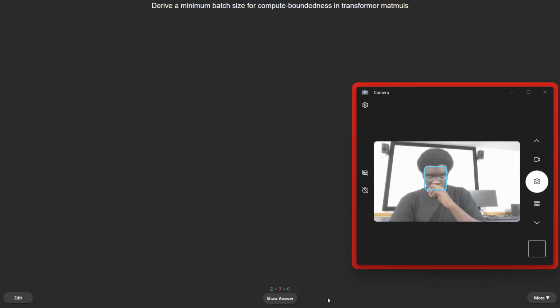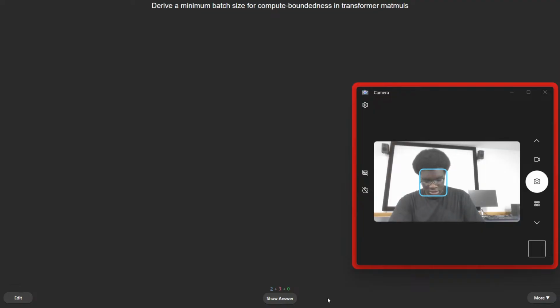Let's work out the arithmetic intensity of this computation. We're going to have BF elements in the final matrix, and for each of those elements we have to do a D-length dot product, so that's 2D minus 1 operations per element.